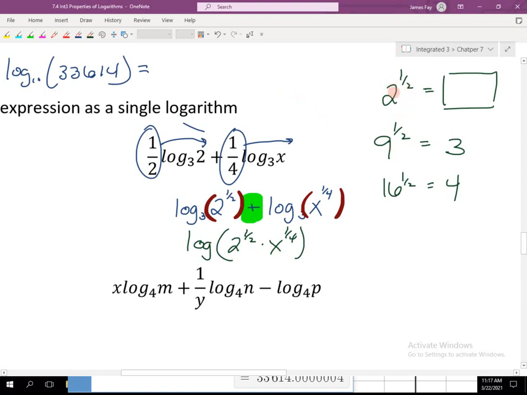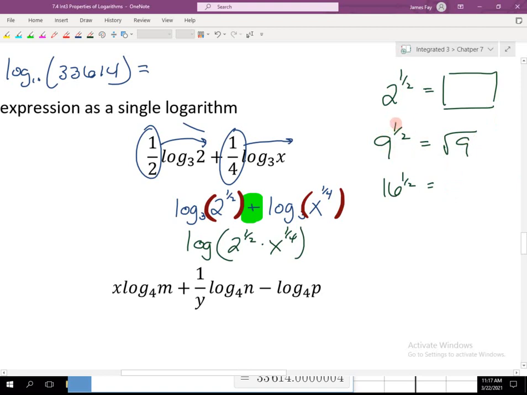Well, what am I doing with that 9 to get 3? It's exactly that. It's square rooting. So 9 to the 1/2 is the same thing as the square root of 9.